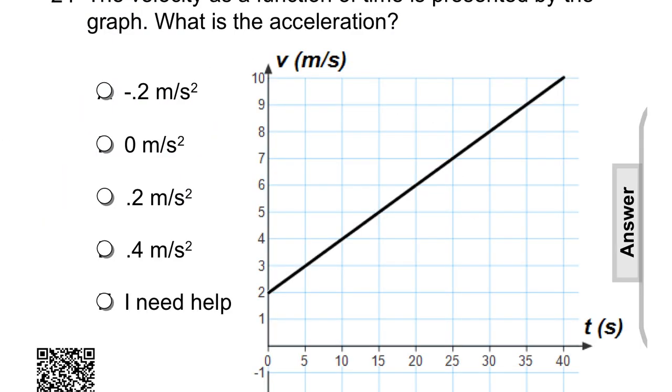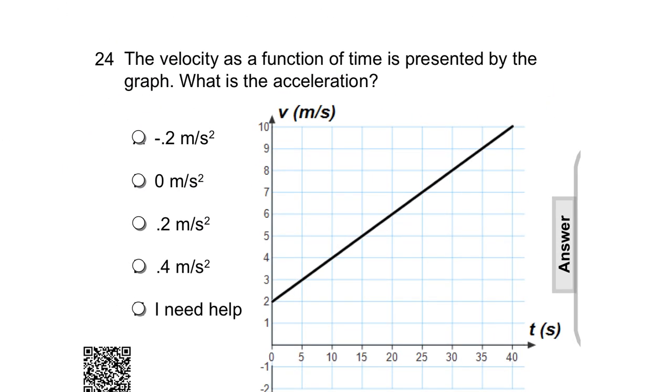Okay, so here's an easy one. V versus t. Velocity is a function of time. That's all that means. What is acceleration? Okay, this is elementary. Pick any right triangle that has 2 points at the corners of grid boxes.